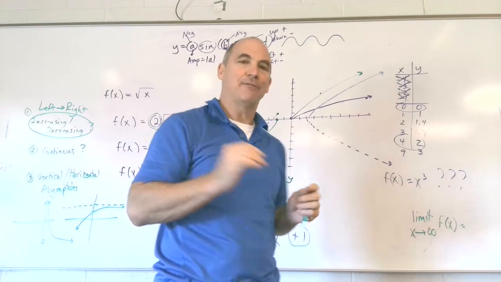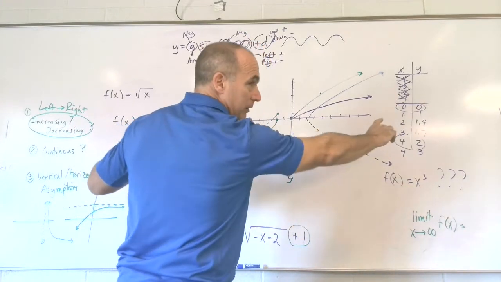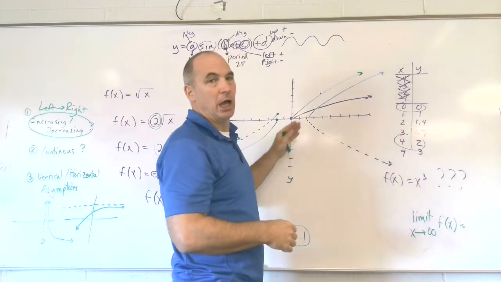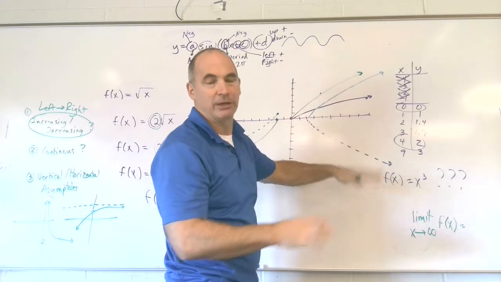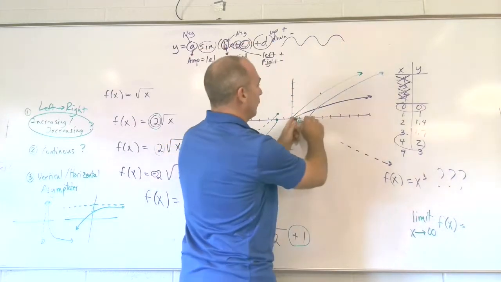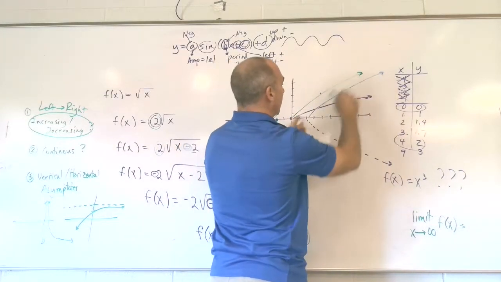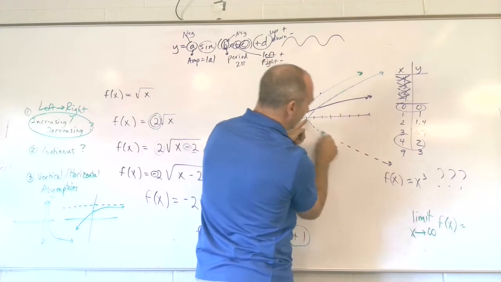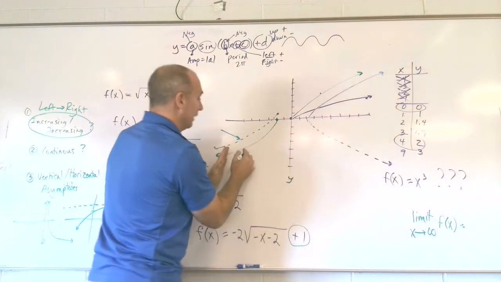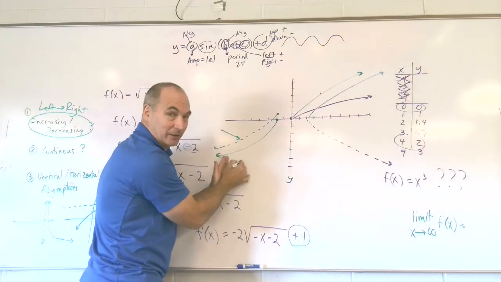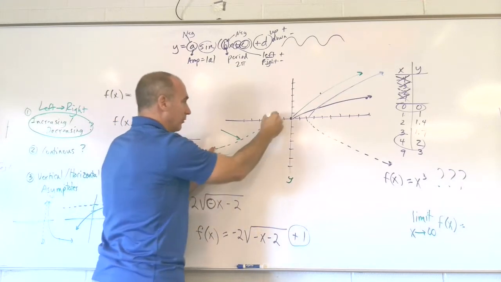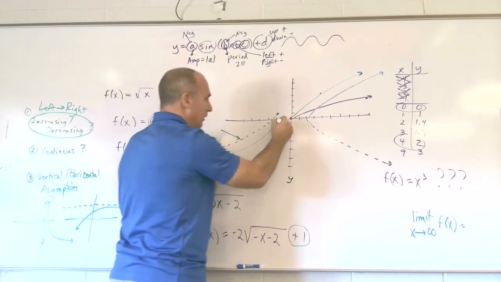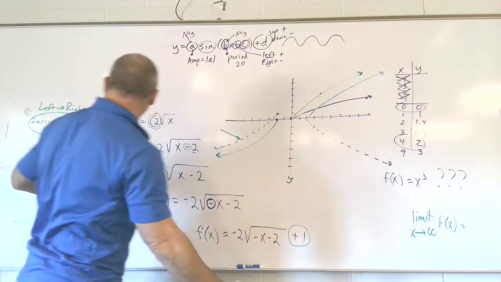If you're moving left to right, would that roller coaster be going up or would it be going down? It's as simple as that. So this one, increasing or decreasing? Increasing. How about this one? Increasing. How about this one? Increasing. How about this one? Decreasing. Again, left to right. So how about this one? Increasing. How about this one? Increasing. Get the idea?